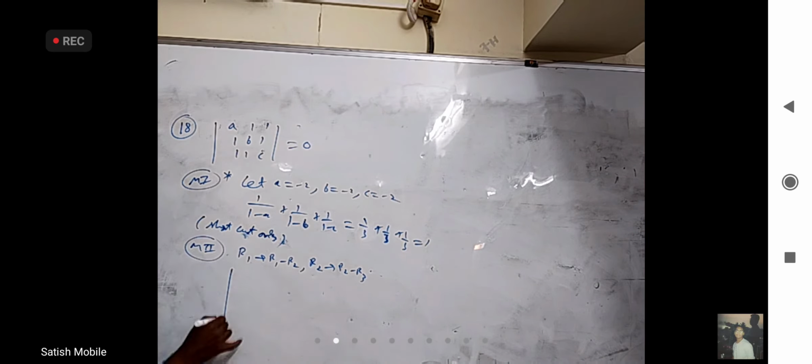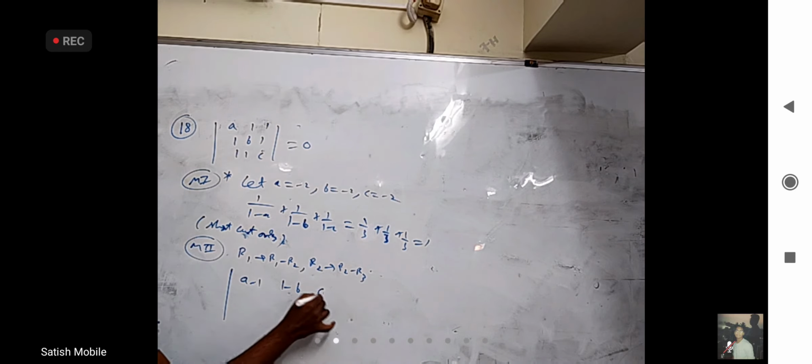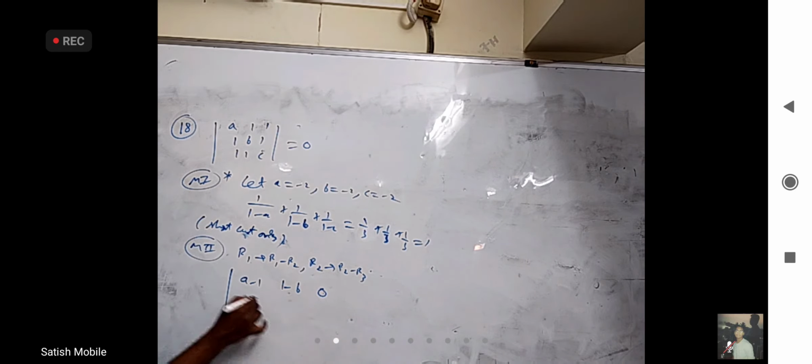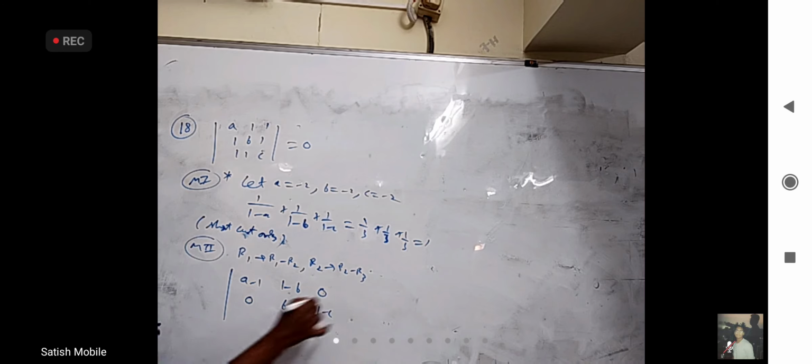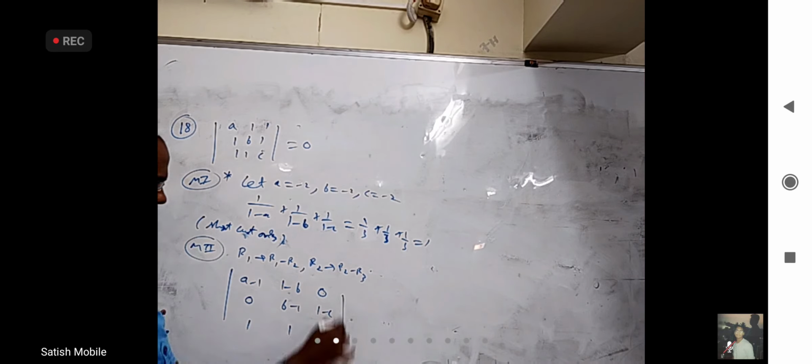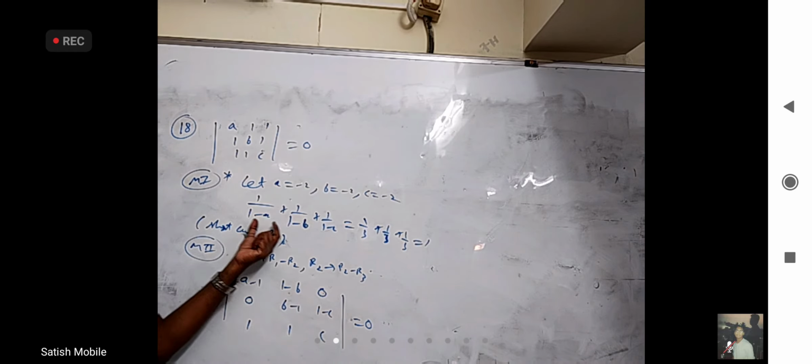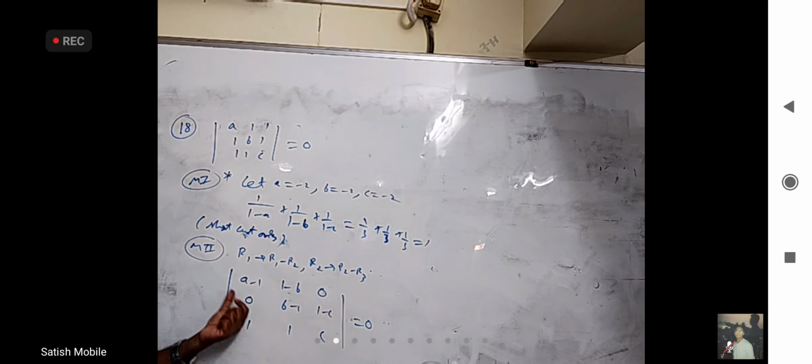For example, when I subtract, I will get A minus 1, 1 minus B and 0. From this, if I subtract this, 0, B minus 1 and 1 minus C, and 1, 1, C equal to 0. You can see, after all I am looking for 1 minus A, 1 minus B, 1 minus C. I got quite a few of them here. This is my minus of that. Just expand straight away.